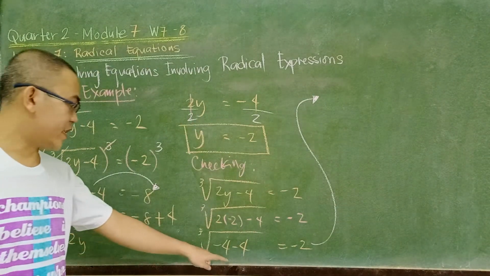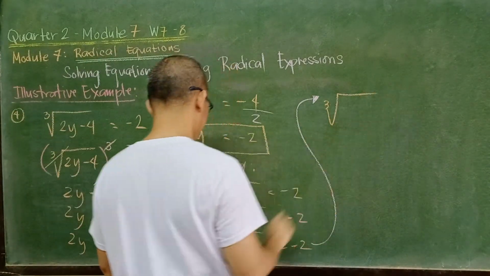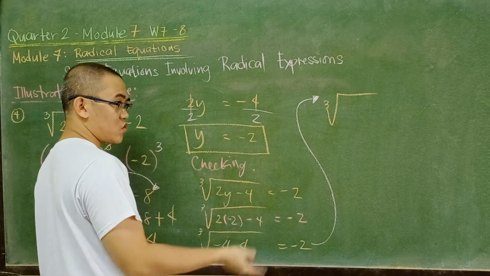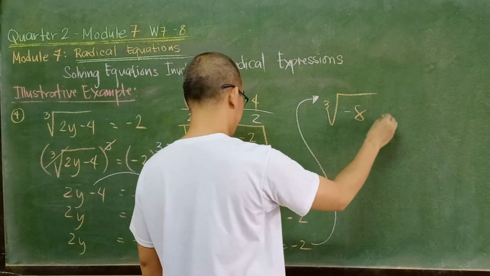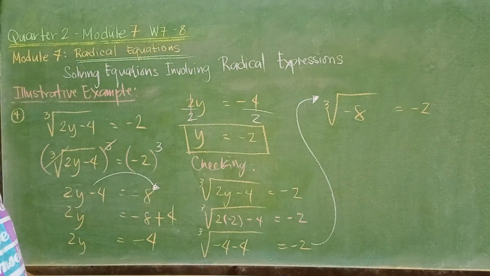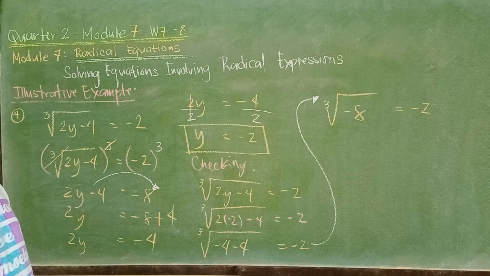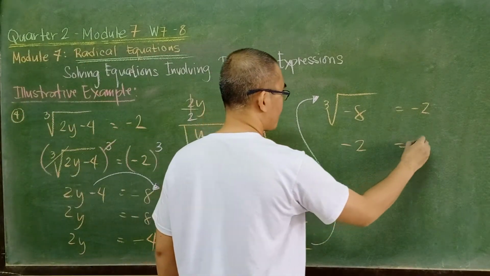And then we simplify negative 4 minus 4. So pagparas ng sign, pag nagsusubtract at pag nag-add, pag para sila ng sign, you just add. So this is negative 8 equal to negative 2. So cube root of negative 8, ano yung number na pag minultiply mo na 3 beses, makukuha mo negative 8, that is negative 2.